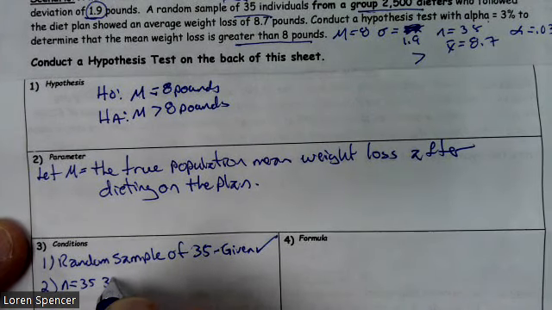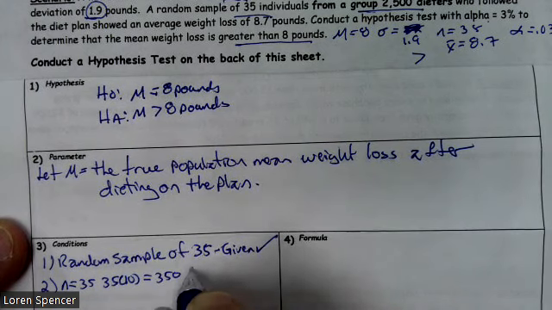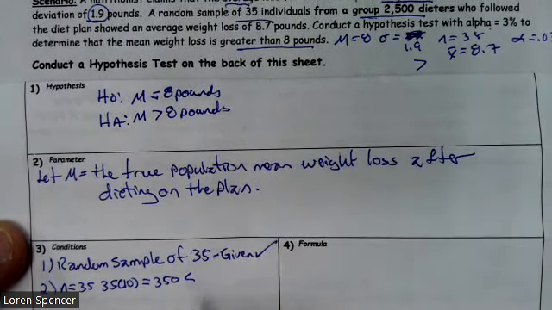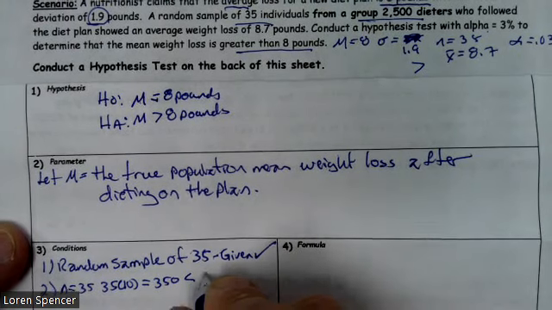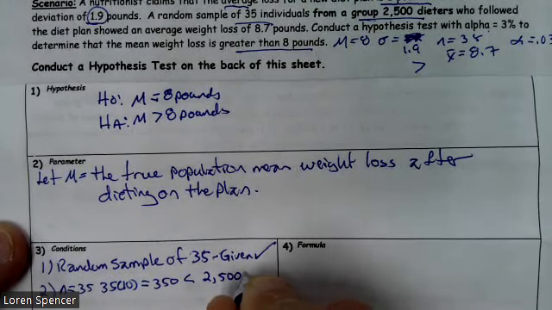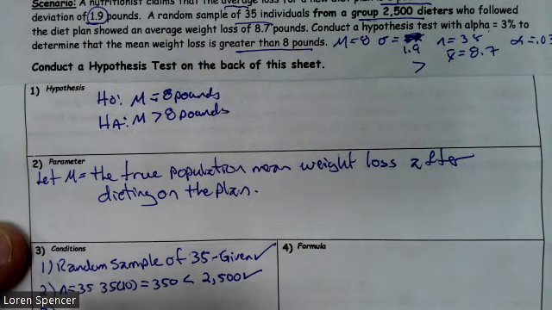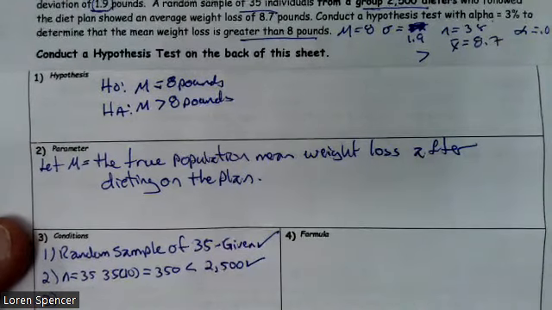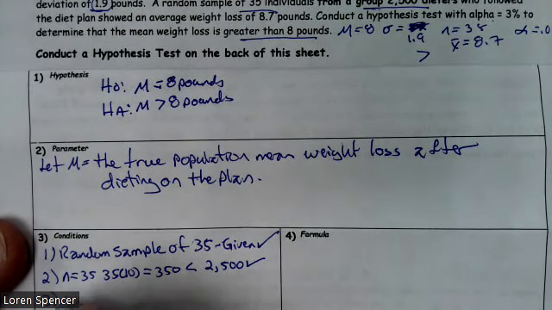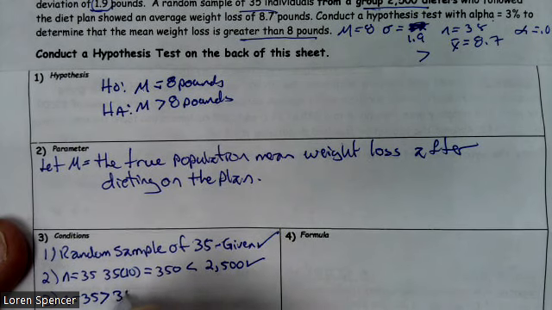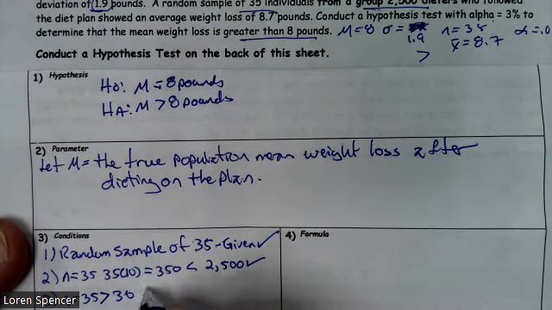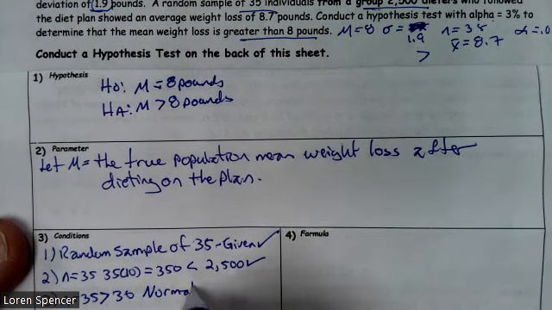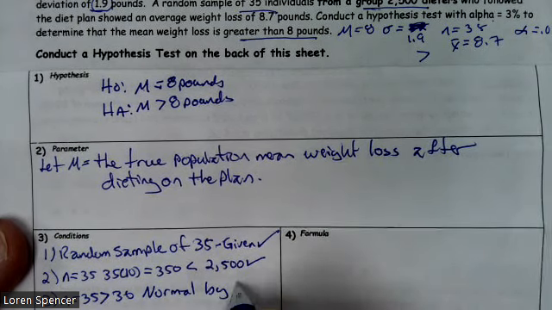We take that 35 and multiply it by 10, which equals 350, which is less than 2,500. So we're good to go there. Number 3, normality. They didn't tell us whether the distribution is normal, but N equals 35, and that's greater than 30, so we can say normal by CLT.